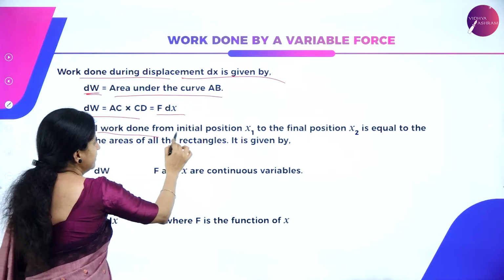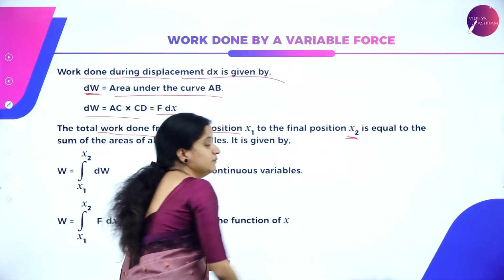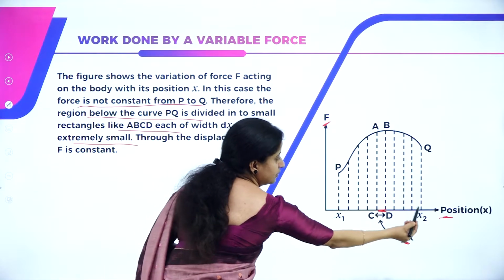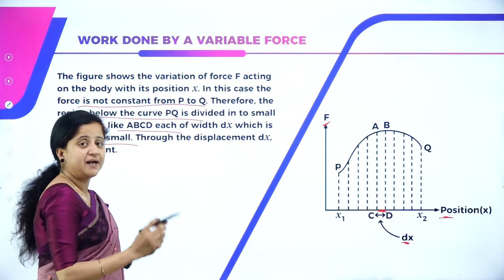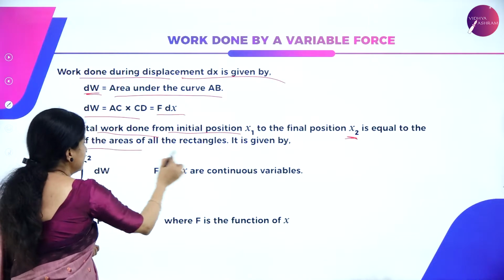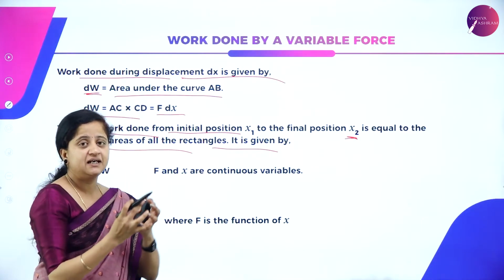The total work done from initial position x1 to the final position x2. How to find the total work done from the initial position x1 to the final position x2? By integrating all the small work done. That is nothing but the sum of areas of rectangles. Integration is nothing but taking the sum.